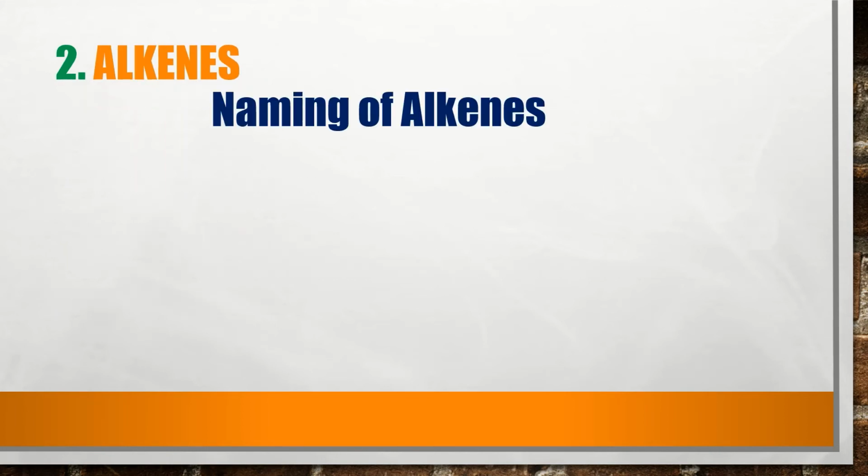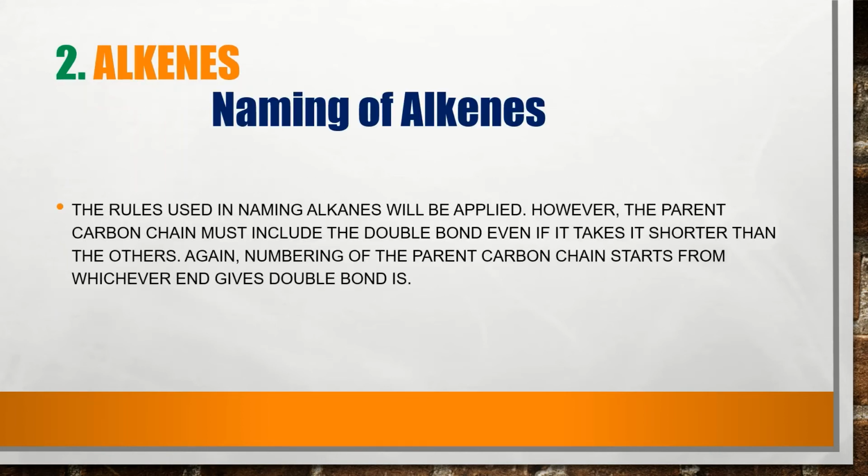To name alkenes, the rules used in naming alkanes will be applied. However, the parent carbon chain must include the double bond even if it makes it shorter than the others. Again, numbering of the parent carbon chain starts from whichever end gives a double bonded carbon. The location number should be given as to where the double bond is.